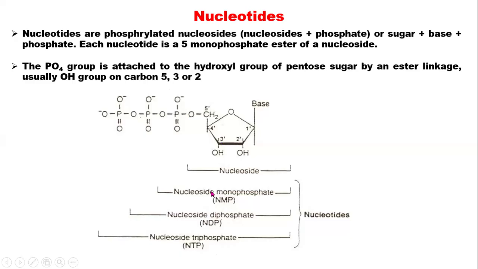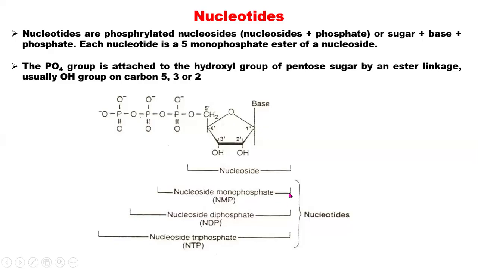A nucleoside monophosphate has one phosphate group. Nucleoside monophosphate, nucleoside diphosphate, and nucleoside triphosphate: NMP, NDP, and NTP.